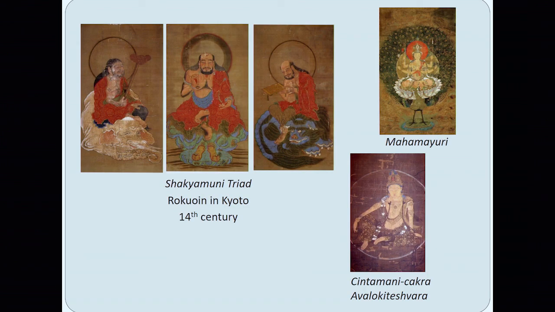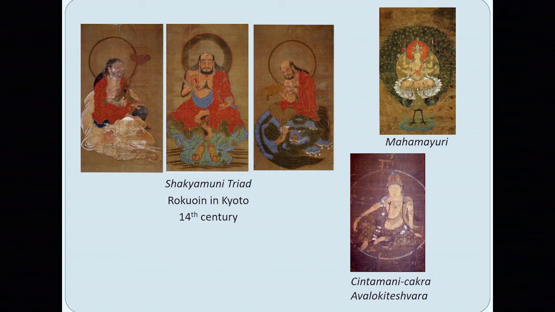I guess the artists of Goryeo, Korea, selectively accepted some of the styles and subjects and techniques of the Chinese Buddhist paintings, but did not accept everything that they saw.